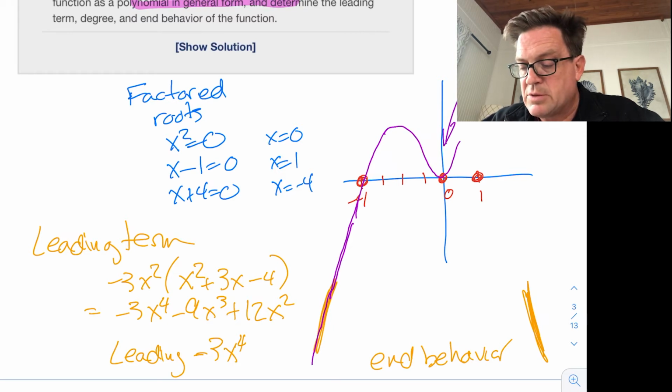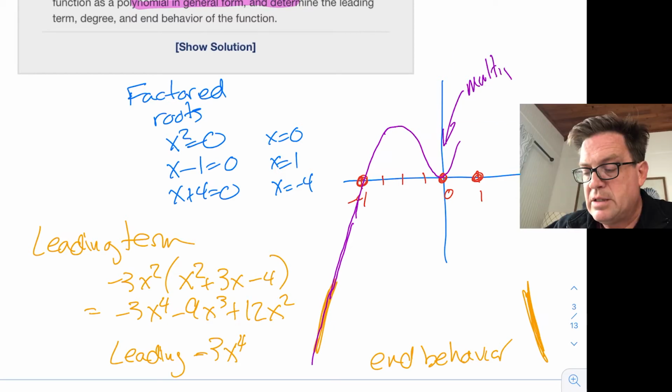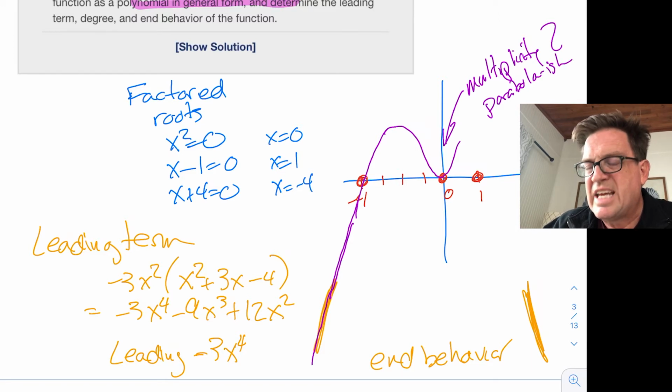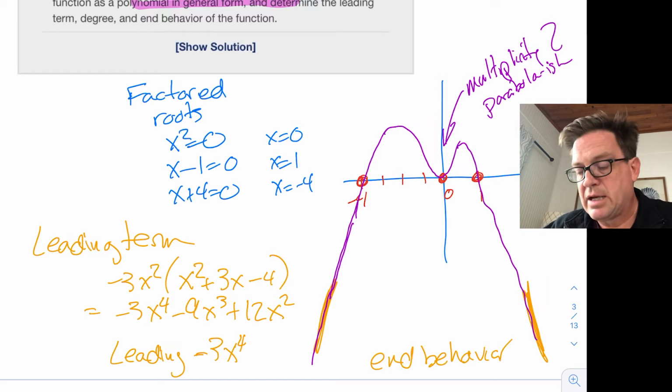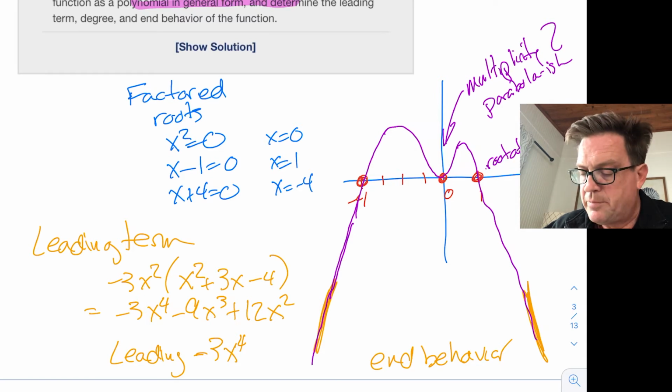And I'll show you in the Desmos thing why this works. That means it's multiplicity 2, so it looks like a parabola-ish. It's not exactly a parabola, but it kind of does. It bounces back. And then it has to go through the last root. This is a root at x equals 1.